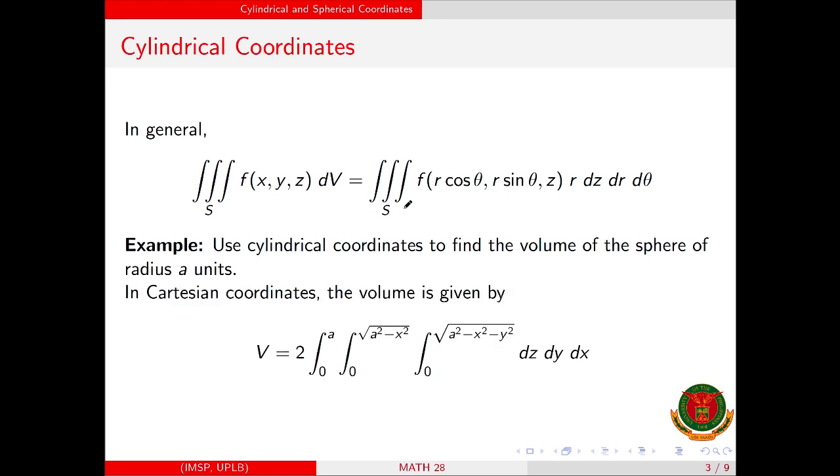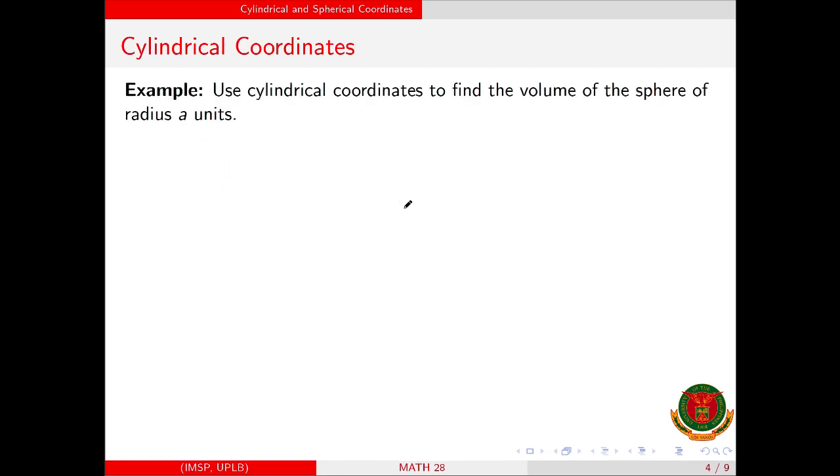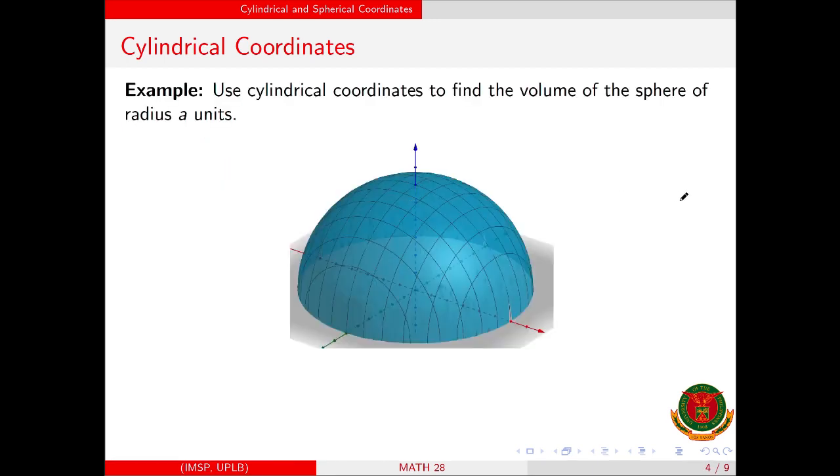And you may verify that this is given by this expression. Now, our goal is to set up first an iterated triple integral that will determine the volume of the sphere of radius a units. Alright? So consider this sphere.